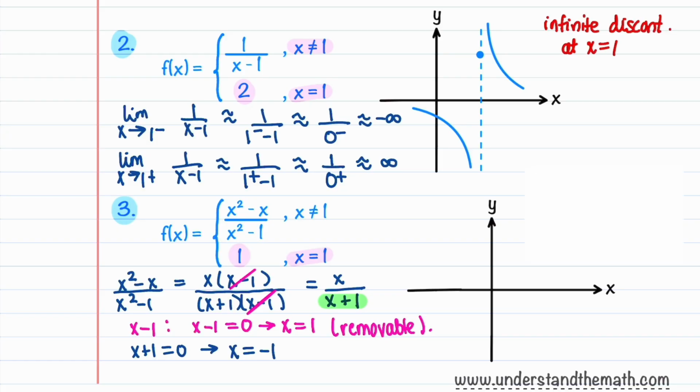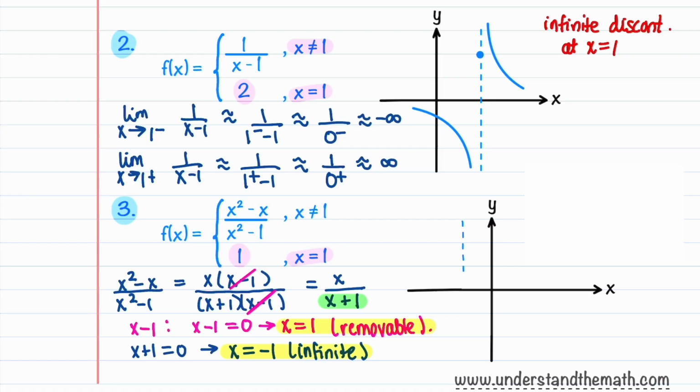Let's go down here to the bottom and write down that at x is equal to negative 1, we have an infinite discontinuity. And I'm going to highlight these answers. We have a removable discontinuity at x is equal to 1, and we have an infinite discontinuity at x is equal to minus 1. Let's graph this function just so that we can better understand this.